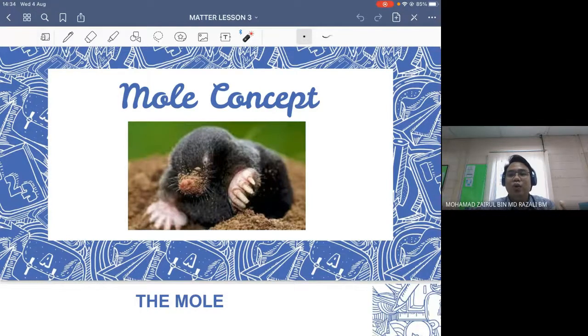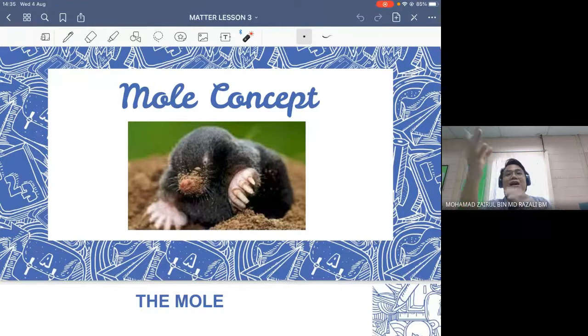Okay, the reason why we going to use mole, okay, sebab macam yang awak pernah tahu pasal Avogadro's number. Okay, dalam Avogadro number, so for example, 1 mole of any substance, okay, the number of particle inside it is 6.02 times 10 to the power of 23. Awak tengok bilangan dia adalah multiply 10 to the power of 23.